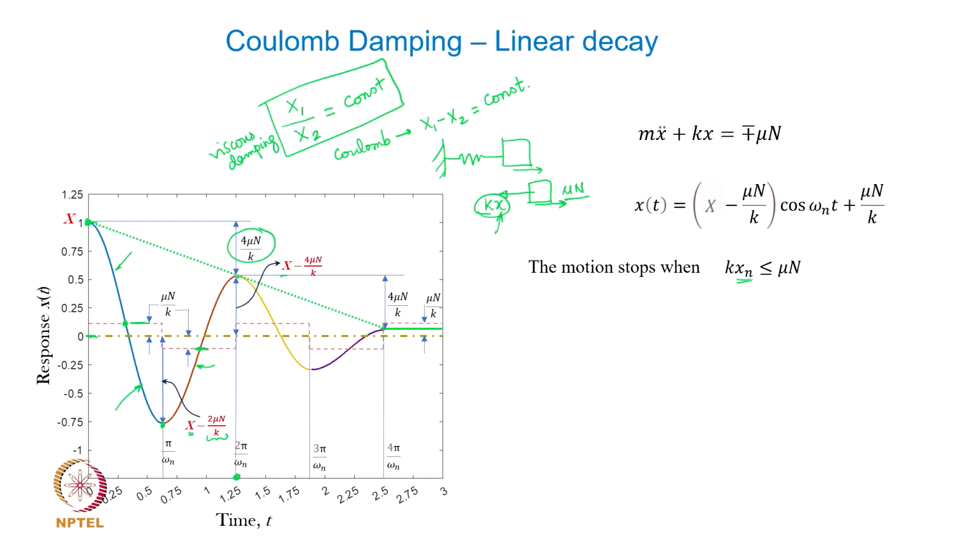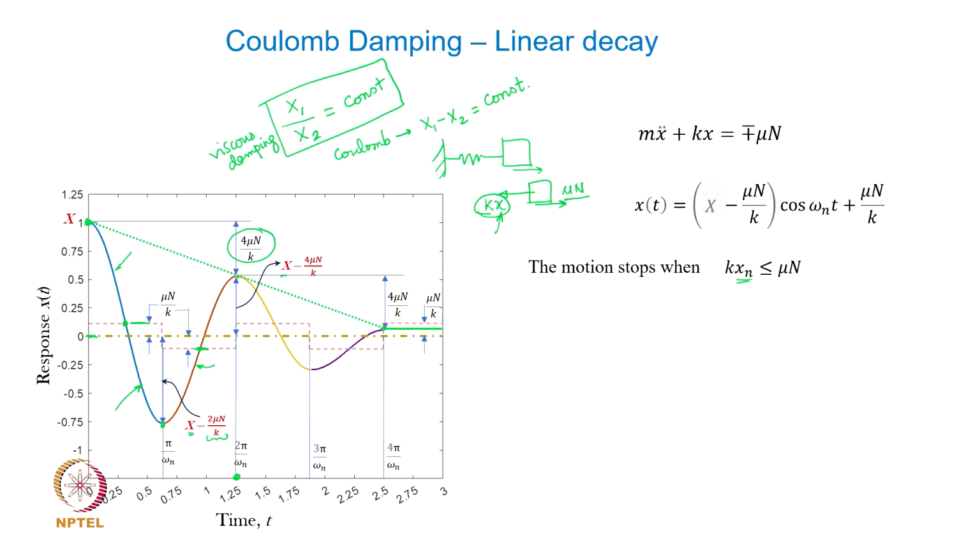So, after a certain number of cycles, the restoring force k into x n will be less than the friction force, and if that happens the motion will stop because the mass will not be able to move any further. And this is what is shown here.